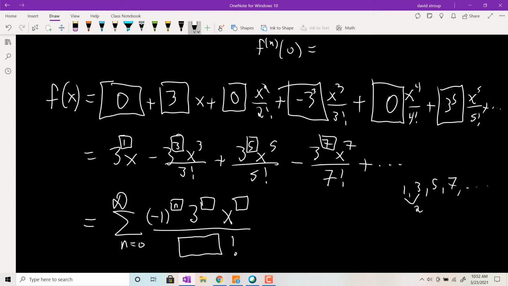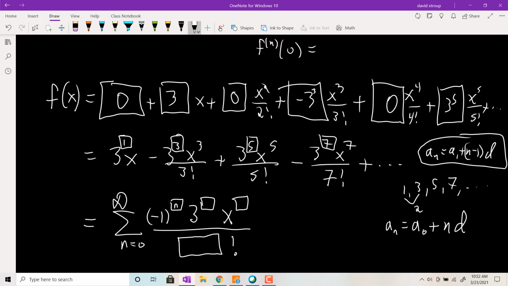So if you have those arithmetic formulas down, a sub n will equal a sub 0, in this case I'm using 0, plus n times d. Probably in pre-calc you learned a sub n equals a sub 1 plus n minus 1 times d. That formula works too, but it assumes that you're starting at 1. So this formula is for when you start at 1.